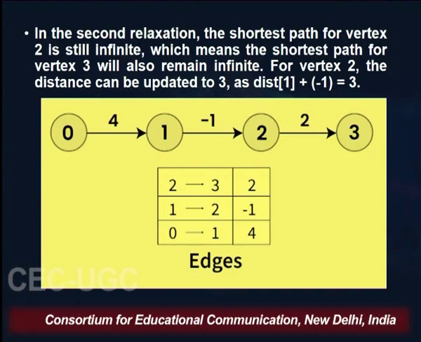Now, this 3 is obviously less than infinity, which is the current distance for the vertex 2. So, infinity obviously is greater than 3. So, we are going to update the distance to the node 2 as 3 instead of infinity.